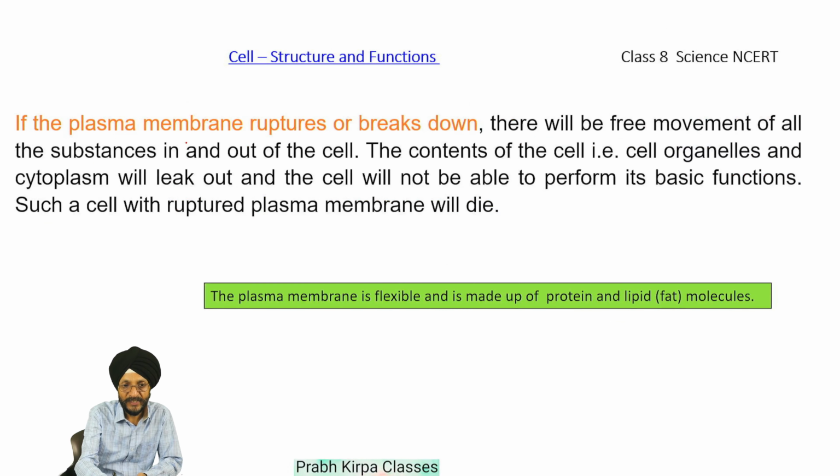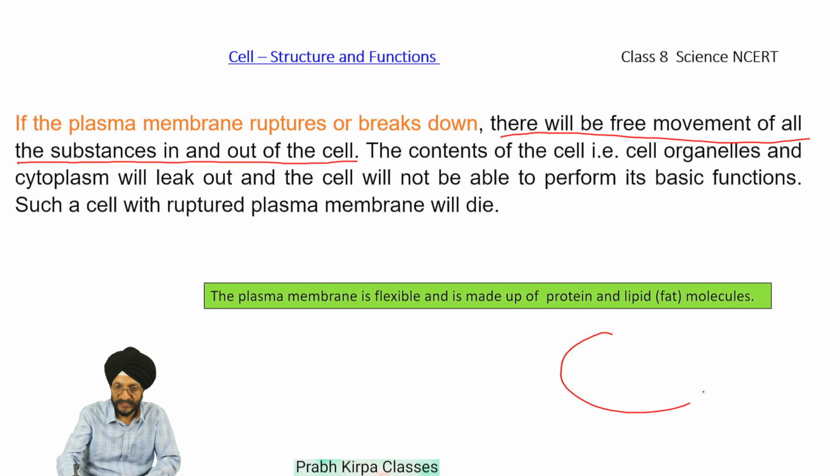Now, another question arises: if the plasma membrane ruptures or breaks down, what will happen? There will be free movement of all the substances in and out of the cell. Suppose this is the cell and this is the outer covering, the plasma membrane.